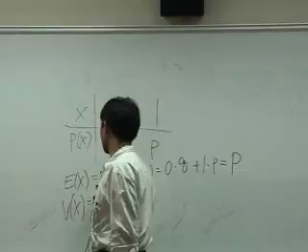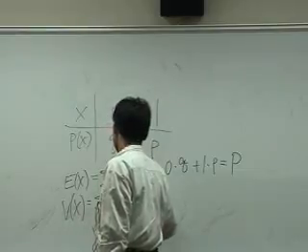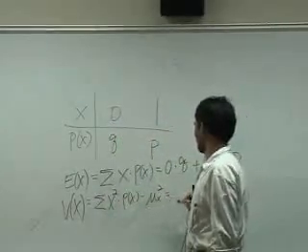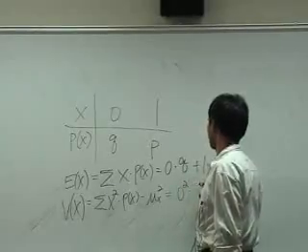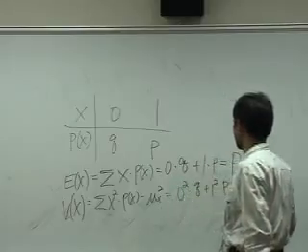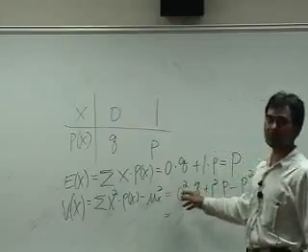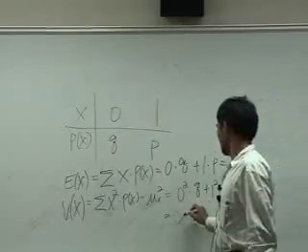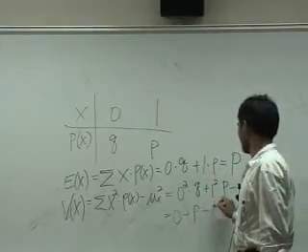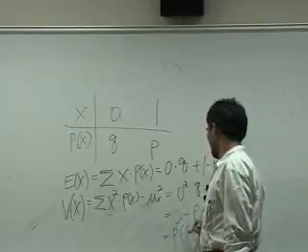And what about the variance of X? Variance of X is equal to the summation of x squared times P(x) minus mu_x squared. So that is equal to 0 squared times q plus 1 squared times p minus p squared. 0 times q, you get 0, and 1 squared times p, you get p, and minus p squared. So what you get is p times (1 minus p).